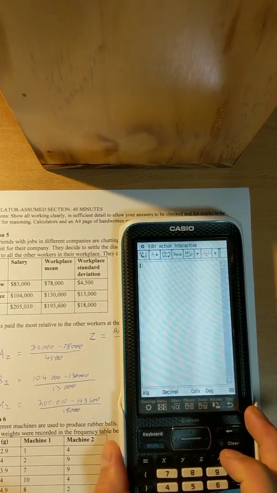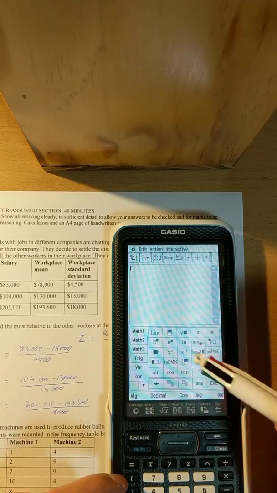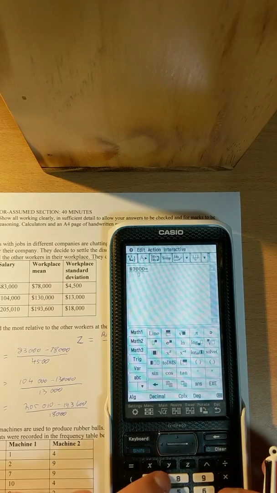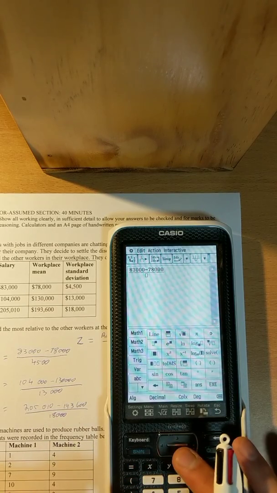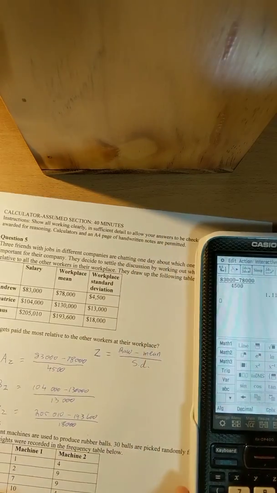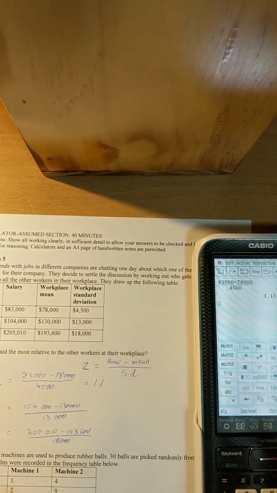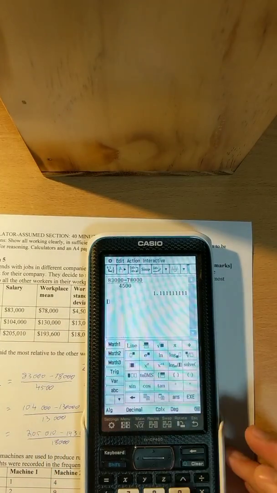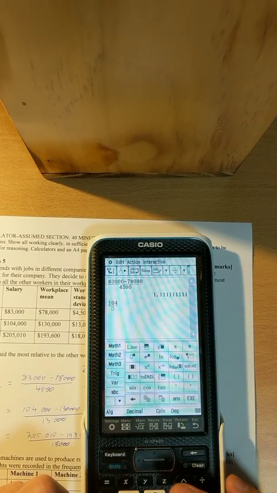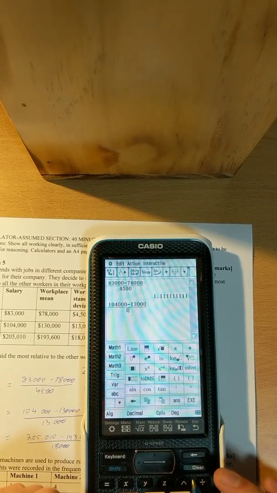So let's start with Andrew. $83,000 minus 78,000 divided by 4,500 is going to give Andrew a z-score of 1.1. Beatrice is going to get 104,000 minus 13,000 divided by 13,000.